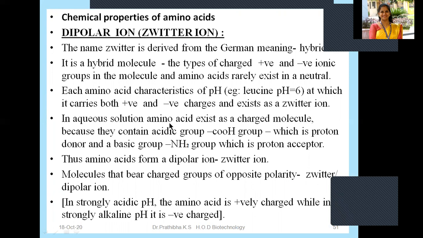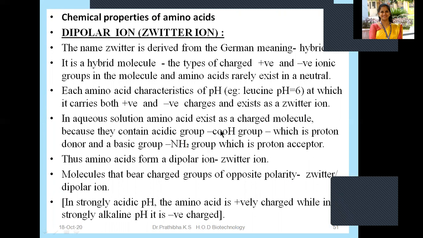In aqueous solution, amino acid exists as a charged molecule because it contains an acidic group, that is COOH group, which is a proton donor, and a basic group, that is NH2 group, which is a proton acceptor.